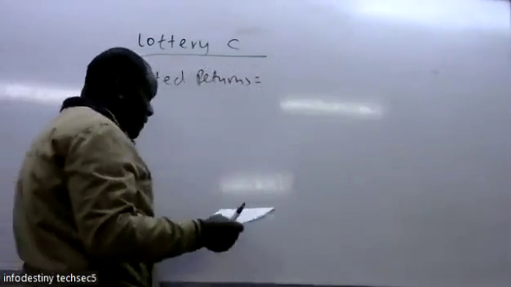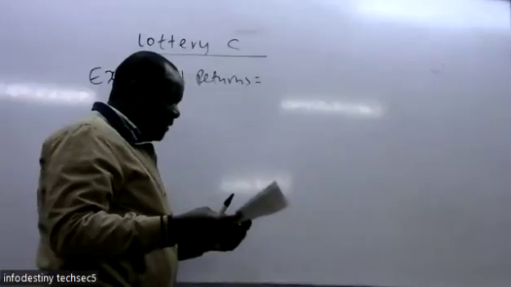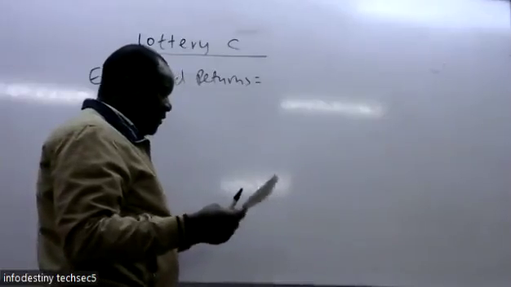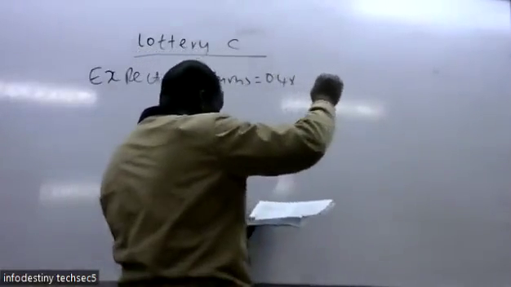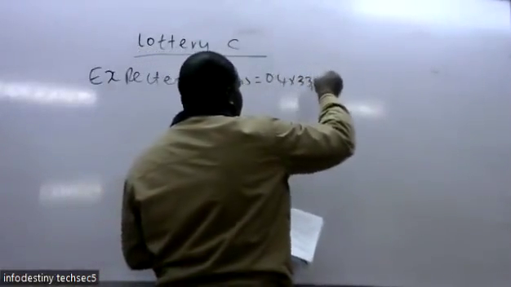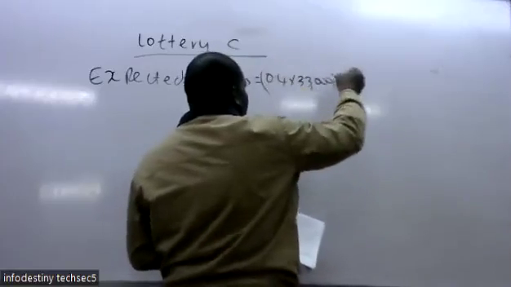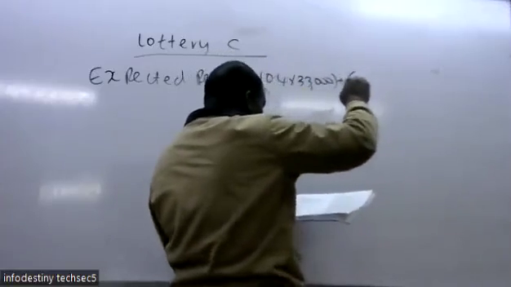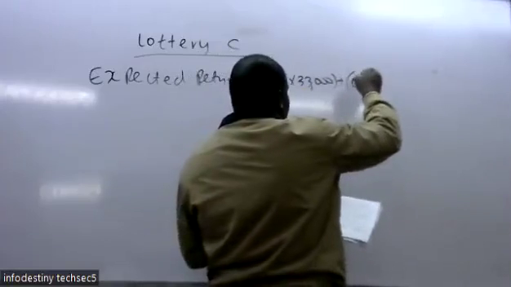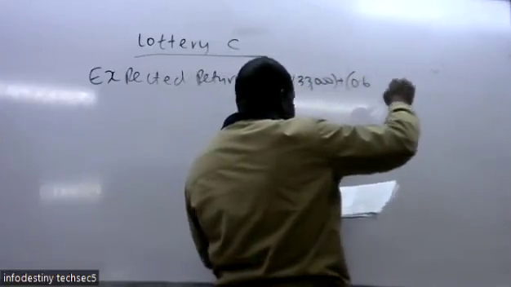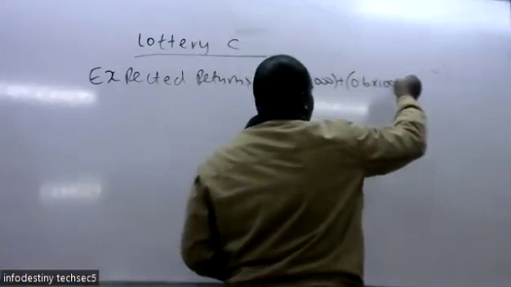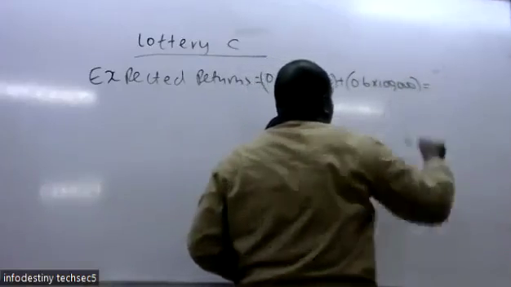You simply take 0.4 of the 33,000 shillings, then we also add 0.6 of 100,000 shillings.